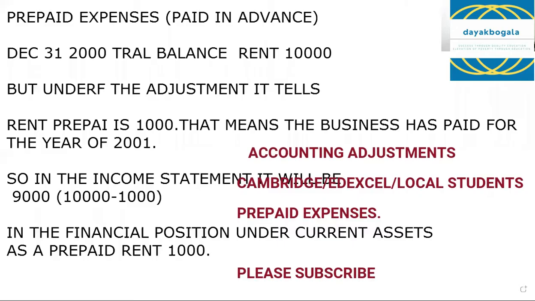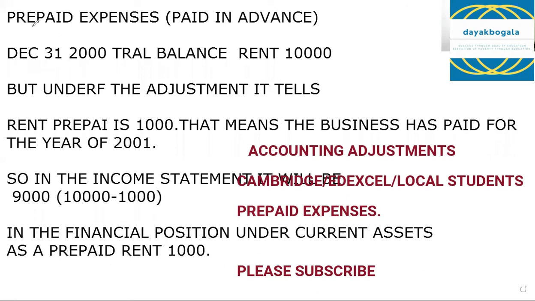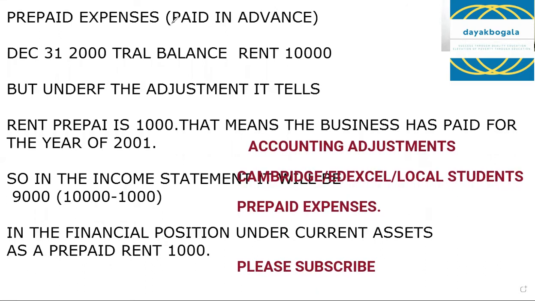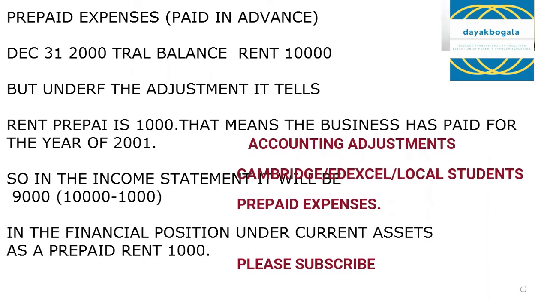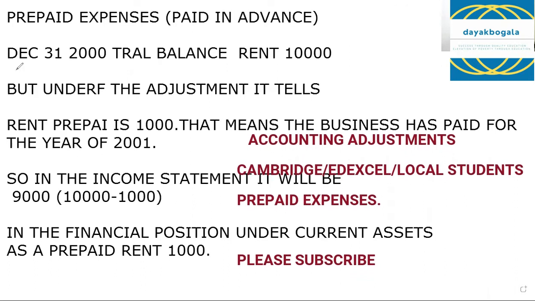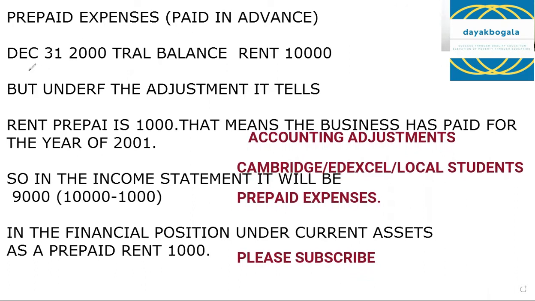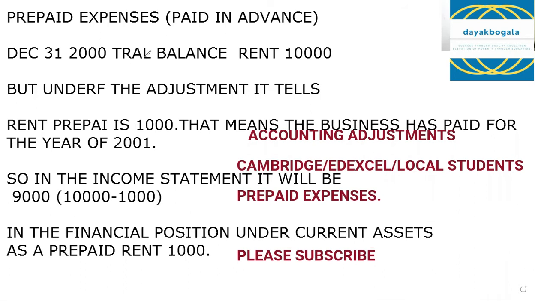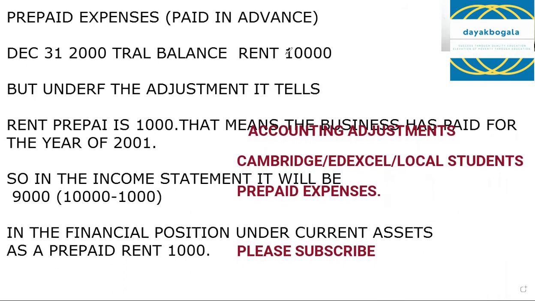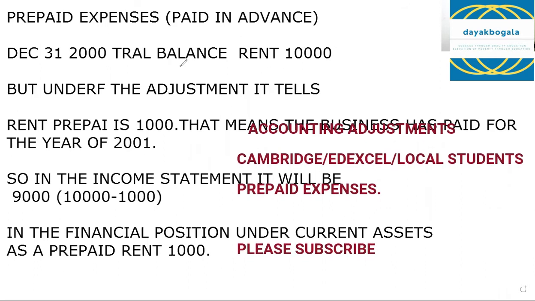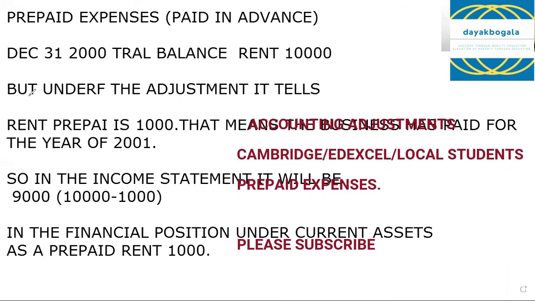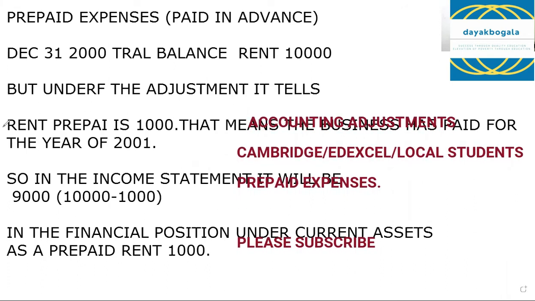Prepaid expenses means paid in advance. A business organization might pay some expenses for the forthcoming year. These are called prepaid expenses. Now, for the financial year ending December 31st, 2000, in the trial balance, rent is 10,000, whether dollars, sterling pounds, rupees or anything.